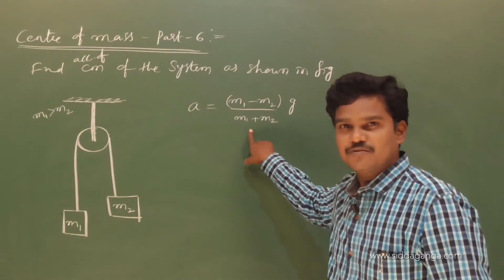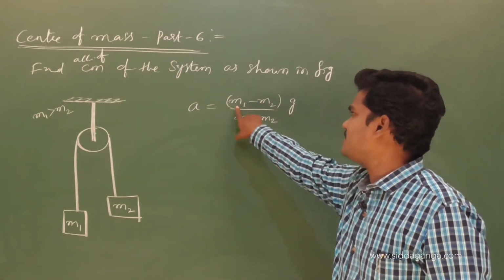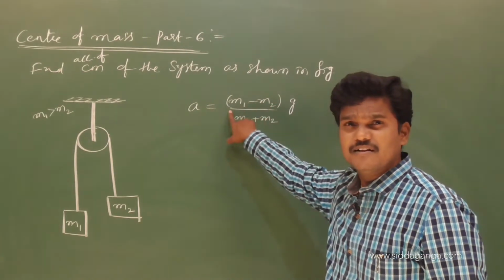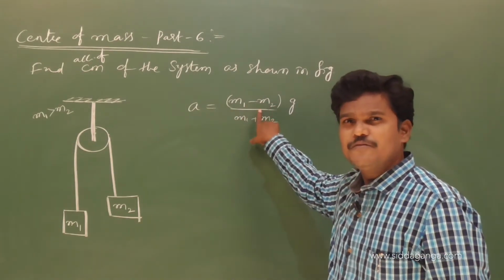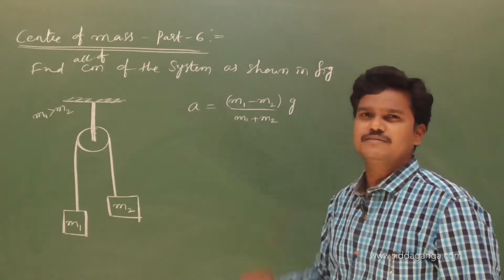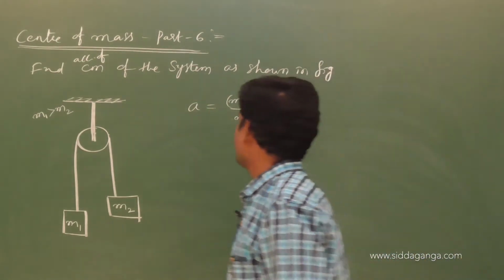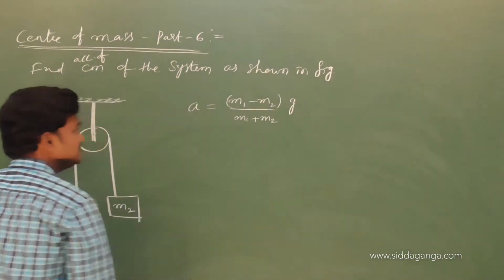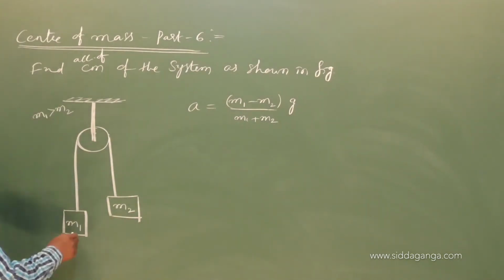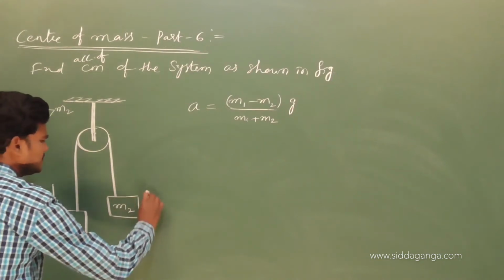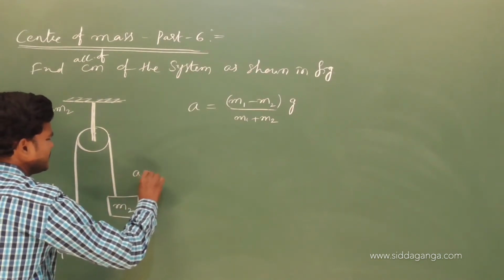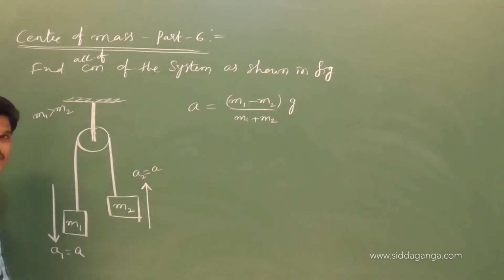So I am using the direct formula. A is equal to difference between the masses. If m1 is greater, then m1 minus m2. If m2 is greater, m2 minus m1. So a equals m1 minus m2 by m1 plus m2 into g. Okay, if this mass is more, it will move down with an acceleration a1 equals a, and this moves upward with an acceleration a2 equals a.